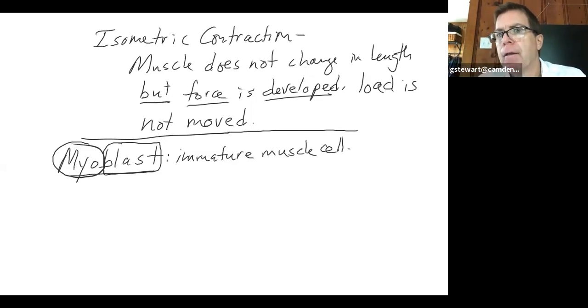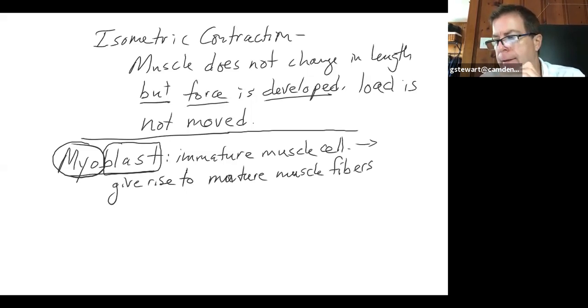All right? And they give rise to mature muscle fiber cells. They give rise to mature muscle fibers. And here's what they do.